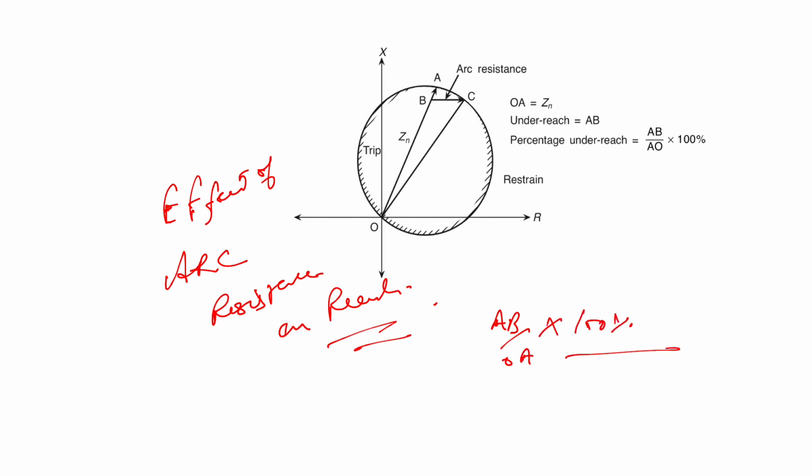However, the simple impedance relay also suffers from under reach due to the fault resistance. If we compare the under reach of the two relays for the same fault resistance, we find the percentage under reach of the Mho relay is slightly more than that of the simple impedance relay.